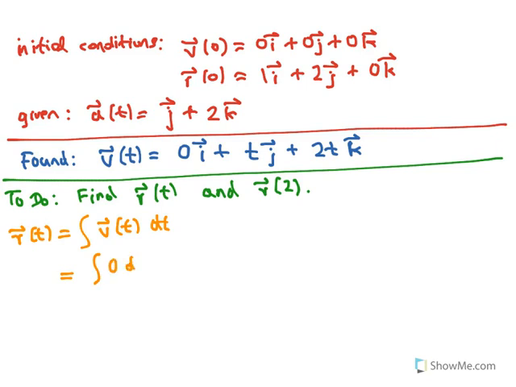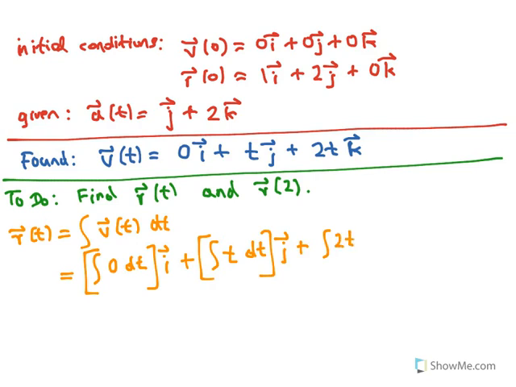So we have the indefinite integral of 0 with respect to t, multiplied by the standard unit vector i, the indefinite integral of t with respect to t, multiplied by the standard unit vector j, and the indefinite integral of 2t with respect to t, multiplied by the standard unit vector k.